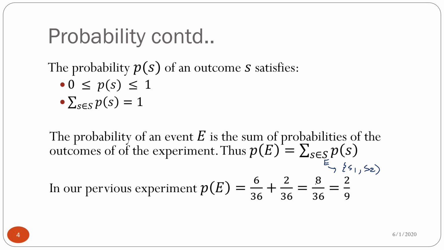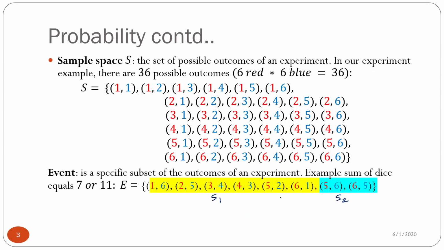And what is the probability of S1? We will go back and make sure this makes sense. This is the probability of S1, and right here you have the probability of S2, outcome 1 and outcome 2. How many cases do we have in favor of S1, which is the sum being 7? 1, 2, 3, 4, 5, 6.